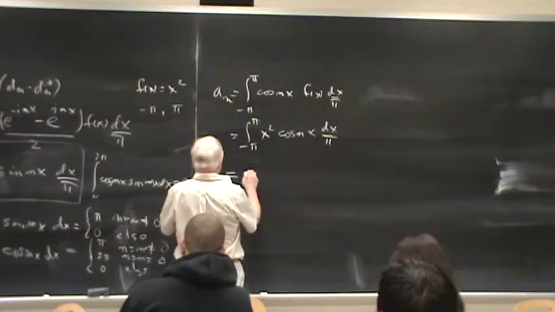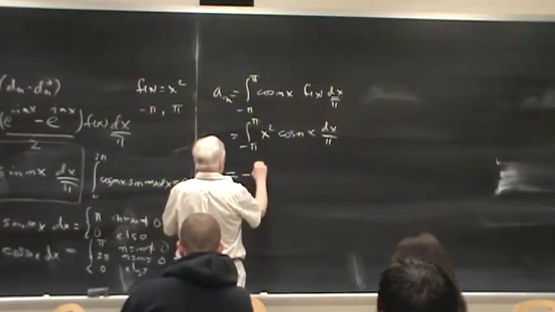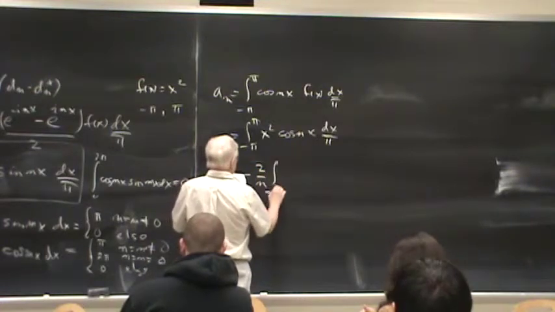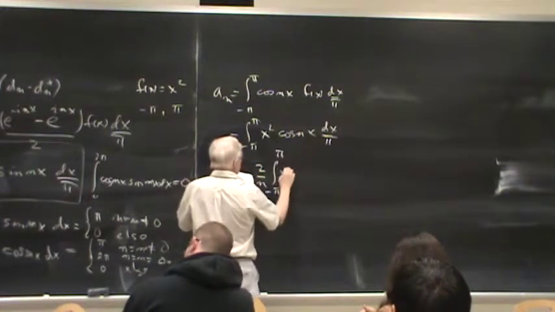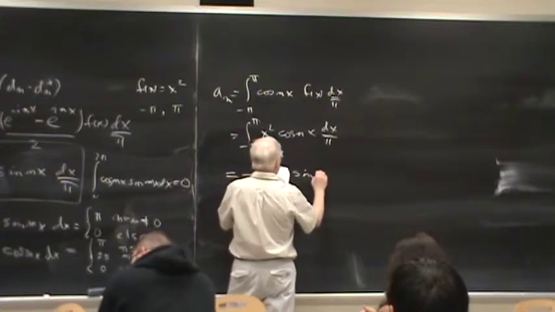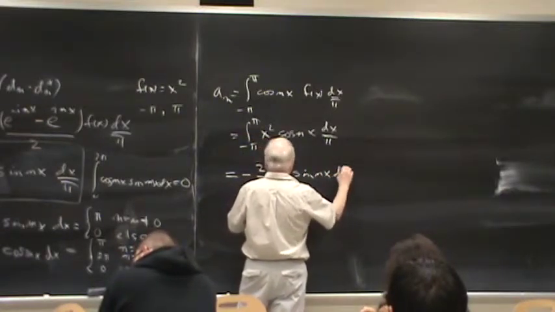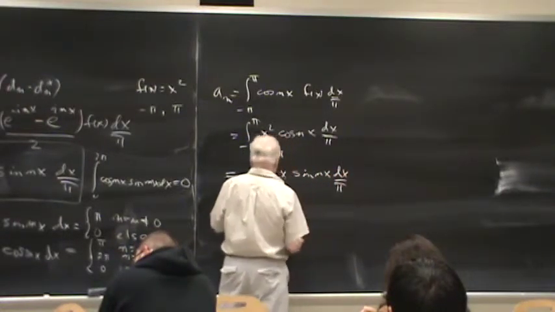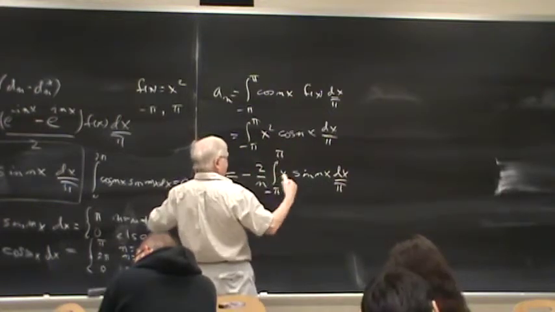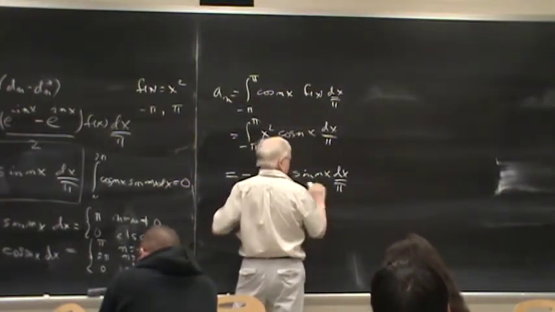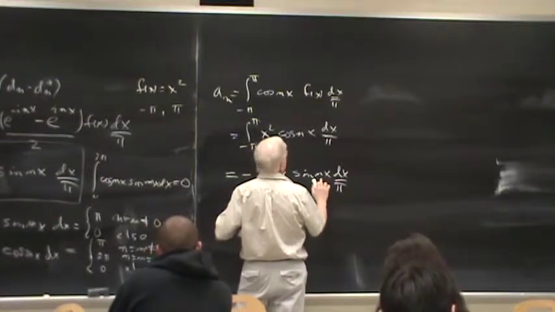In the first case, integrating once by parts, we get minus 2 over n, integral from minus pi to pi, x sine nx dx over pi. And the surface terms in this case vanish because they involve sines.